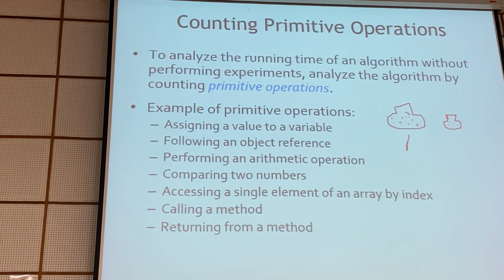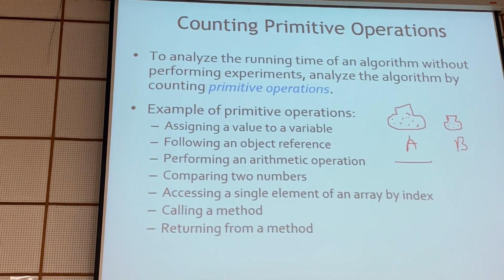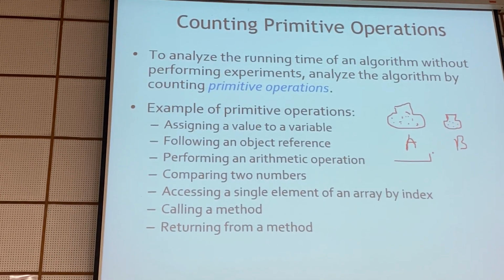Jar A or B? Which jar will take a longer time to count the peanuts? A. Why do you think A?